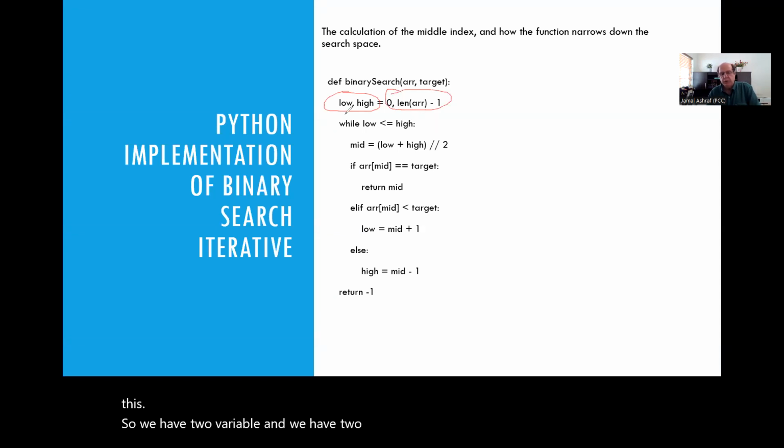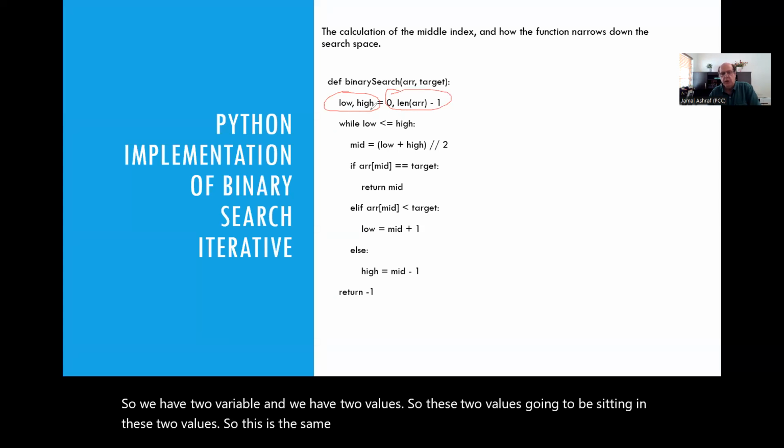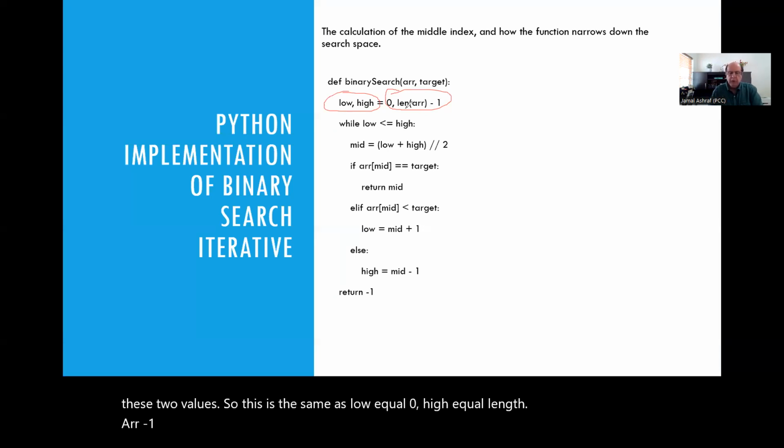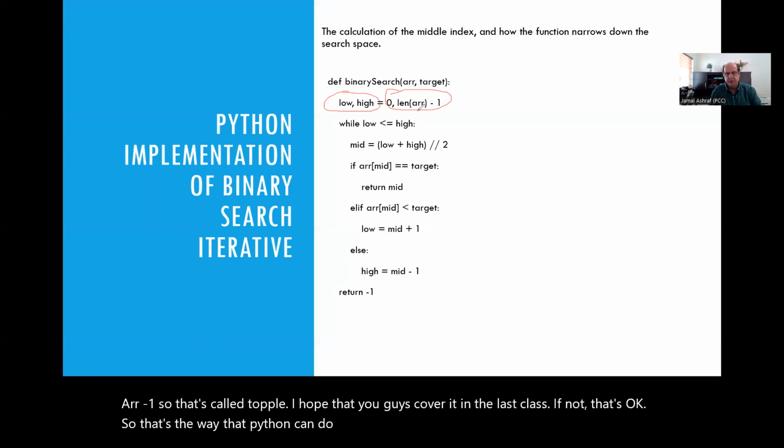These two values are going to be set into these two variables. So this is the same as low equals 0, high equals length of arr minus 1. That's called a tuple. I hope that you guys covered it in the last class. If not, that's okay. That's the way that Python can do this, with two values in two variables.